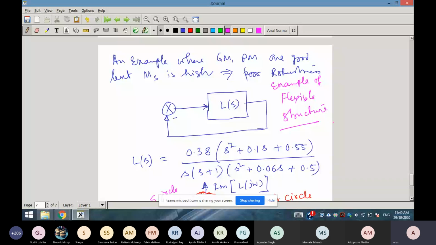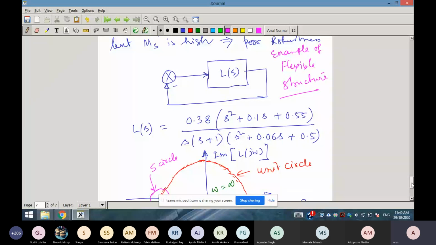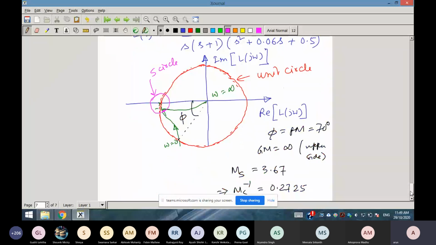Suppose I have got a low sensitivity norm, then those classical engineers who still believe in classical margins will say, your sensitivity circle radius is large, but how to guarantee that gain margin, phase margin is good?